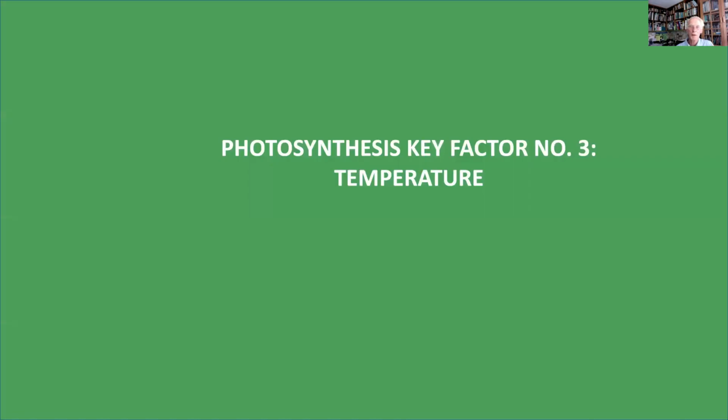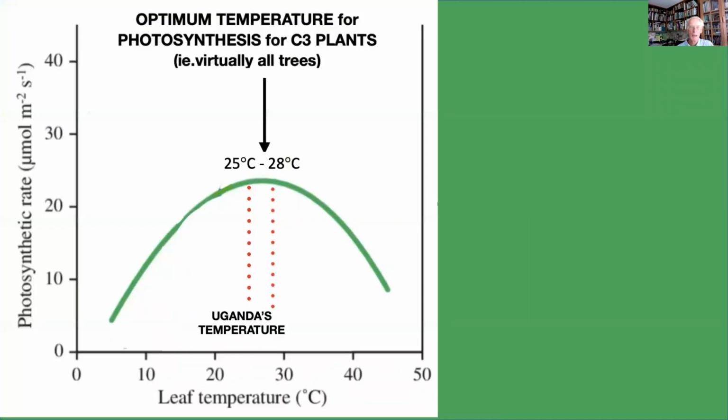Another key factor for photosynthesis is temperature. Well, most trees are what we call C3 plants. And the optimum temperature, according to scientists, for C3 plants, and that's virtually all trees, is between 25 and 28 degrees centigrade.